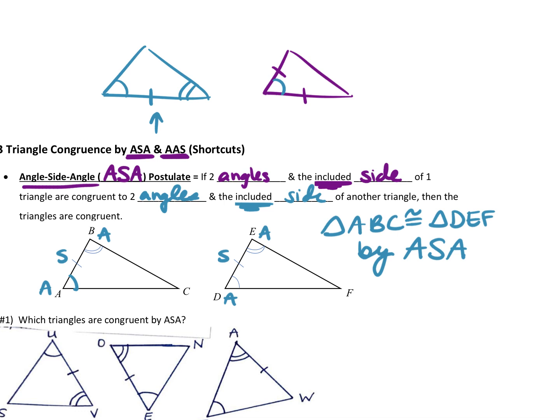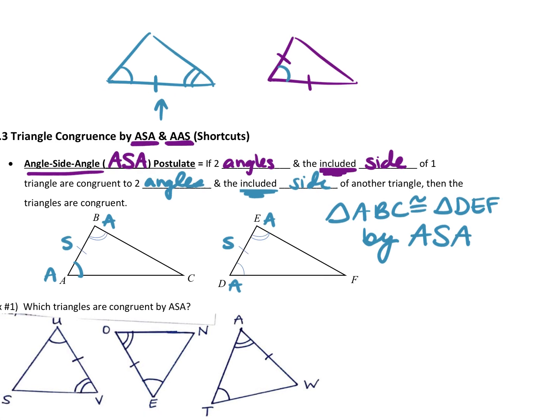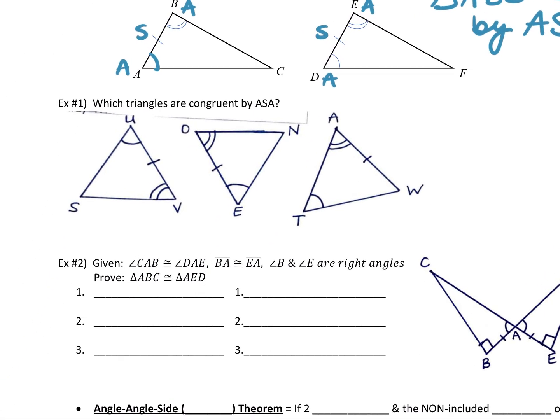So take a look at this first example here. This says which triangles are congruent by ASA. Take a look at those three pictures.